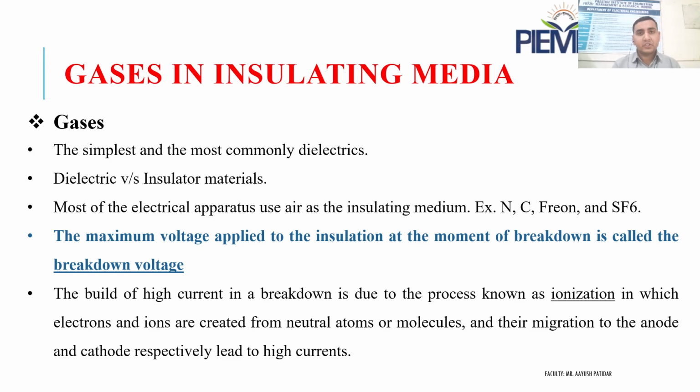What is meant by ionization? Let us assume there is an atom with electrons. When we apply a high voltage across the two ends of a conductor, the electrostatic force pushes the atom to give up an electron and ionizes the atom as a positive ion.